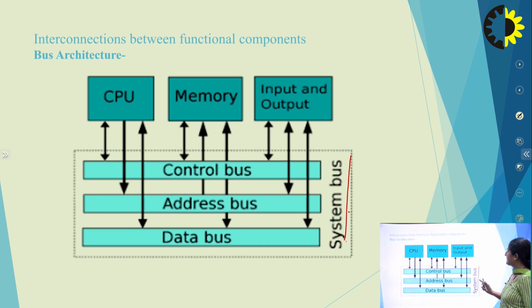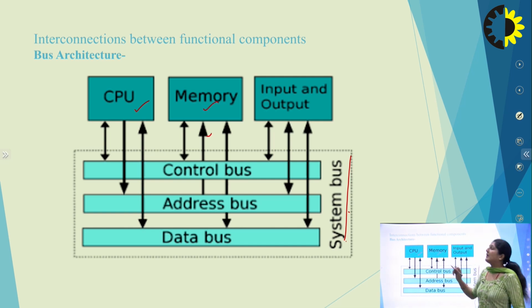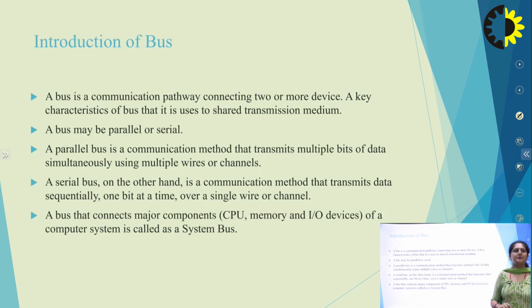It connects the CPU, memory and input output devices to each other for communication. If we want to communicate between the CPU and memory, we can do it with the help of the system bus. The system bus is categorized into three buses: control bus, address bus and data bus.